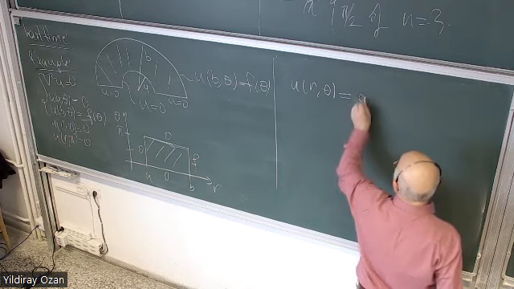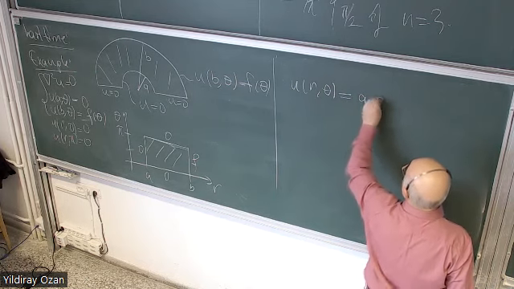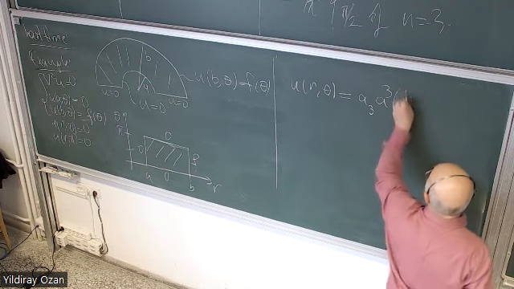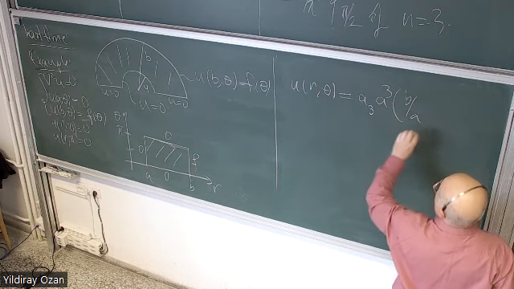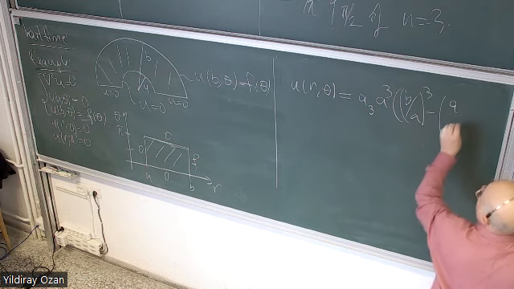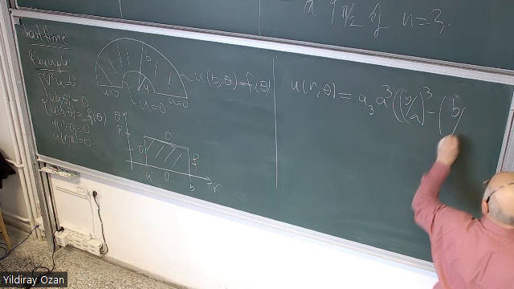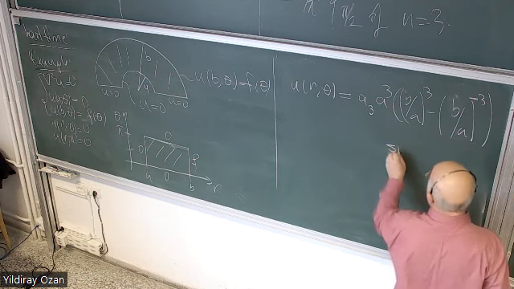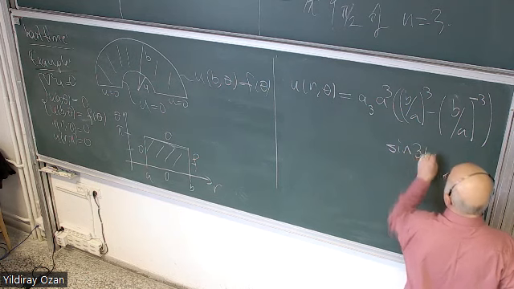So it is just a3 a cubed, right? And then b over a cubed minus b over a to the power minus 3, and then sine 3 theta.